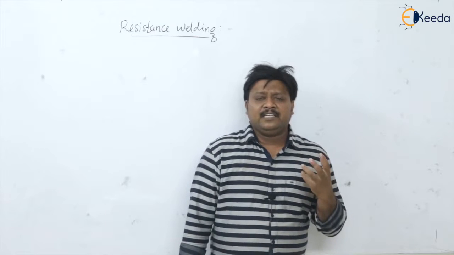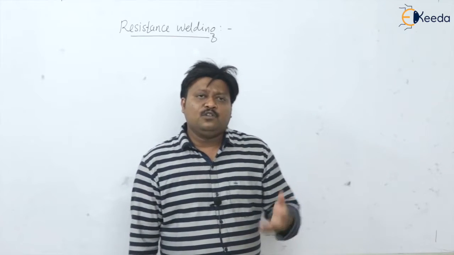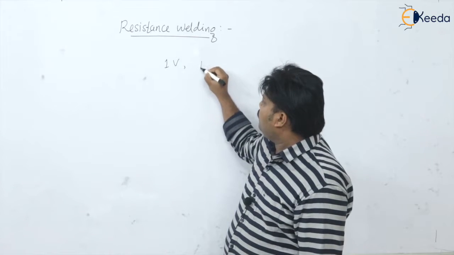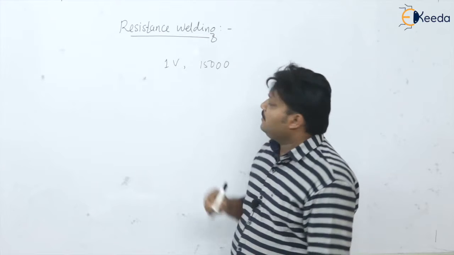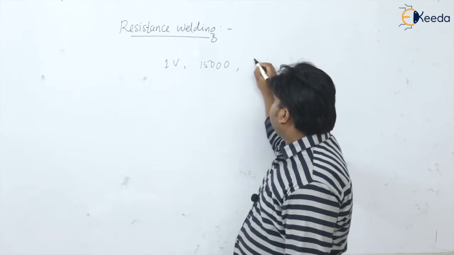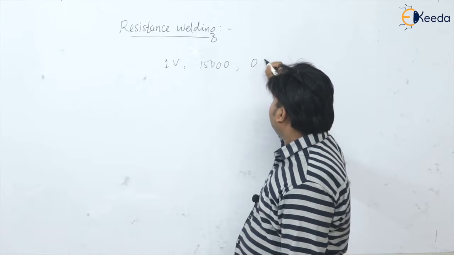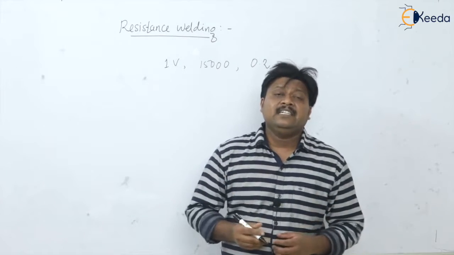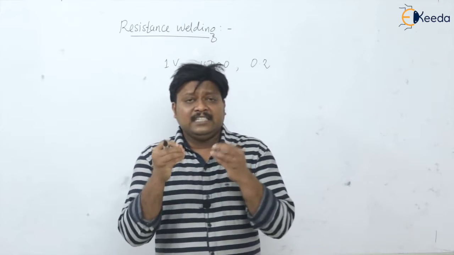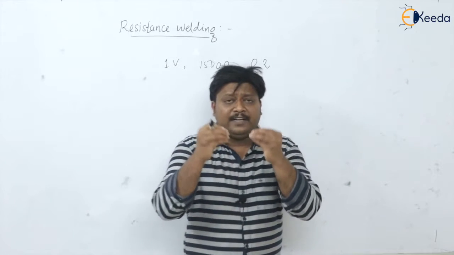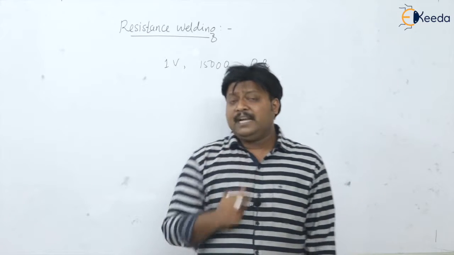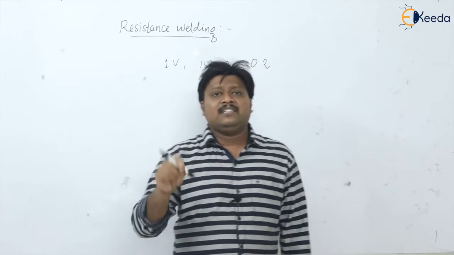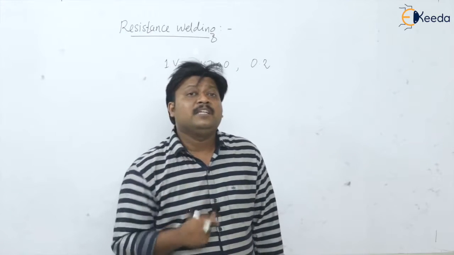Generally, typical values are around 1 volt, around 15,000 ampere, and a time of less than 0.2 seconds, and we get the heat generated at the interface of these joining plates. At the same time, continuous pressure is applied till the material melts and fuses together to form a joint.